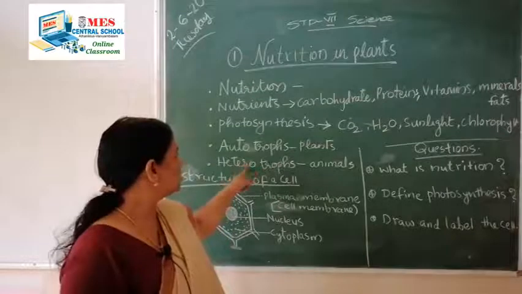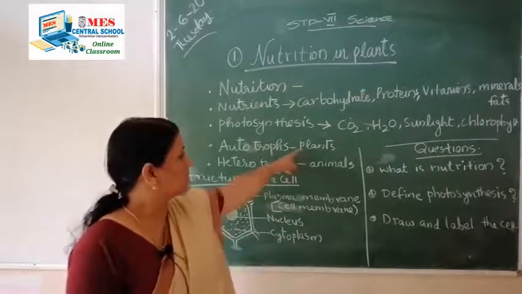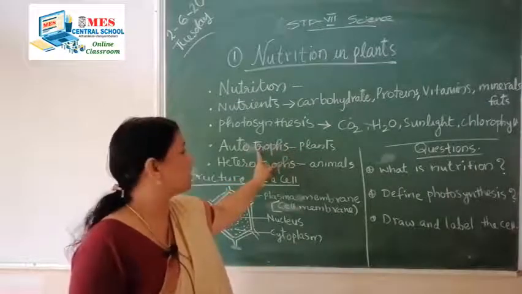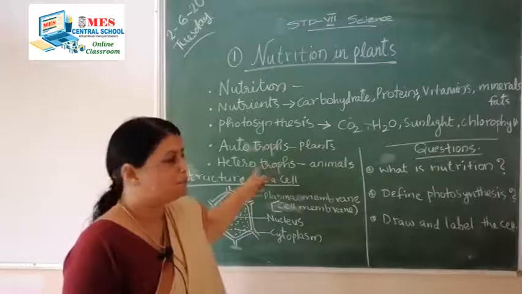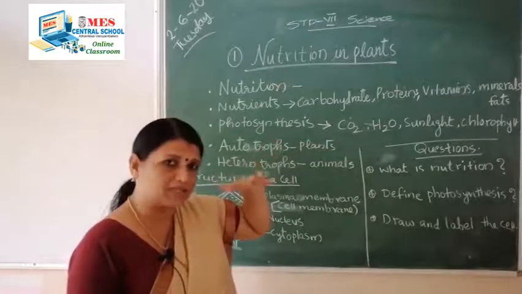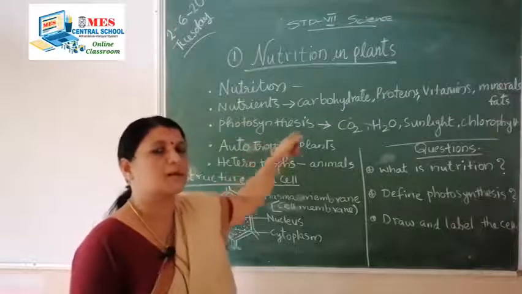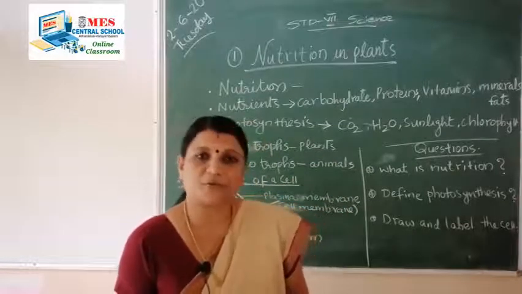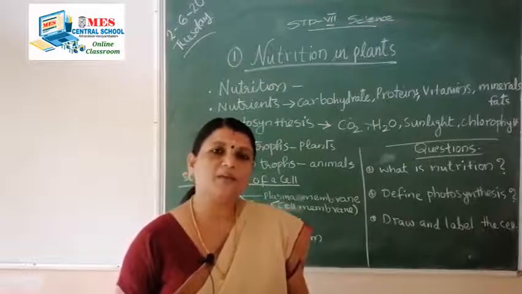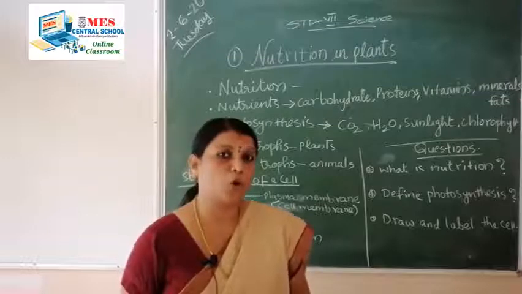That is why they are called heterotrophs. Why are the plants called autotrophs and why are the animals called heterotrophs? Plants make food by themselves, that is why they are autotrophs, but animals always depend on plants for their food, so they are heterotrophs.